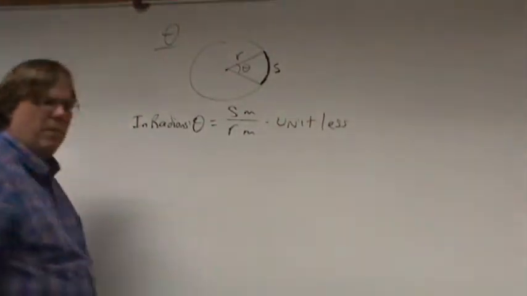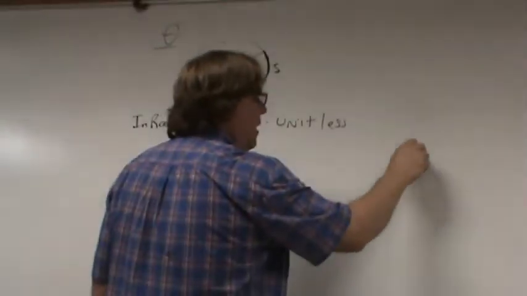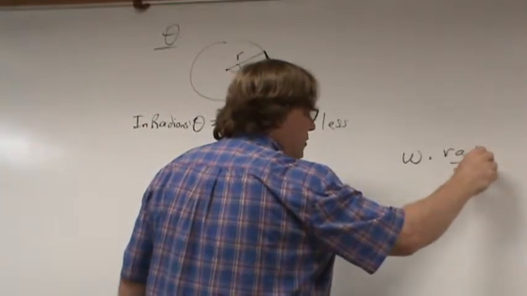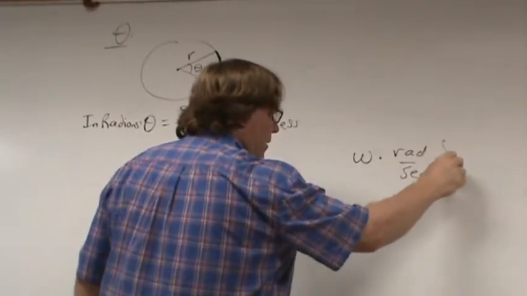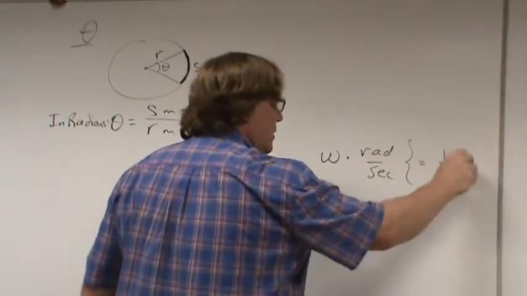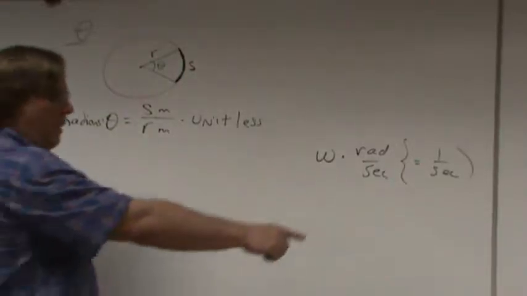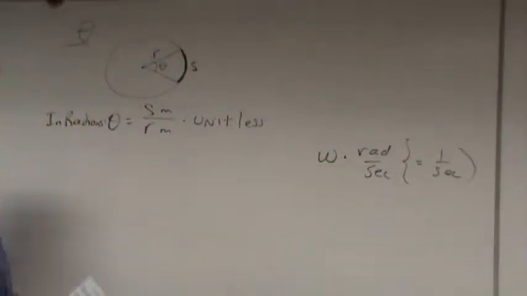So I just want to remind you, theta in radians is a unitless quantity. So when we start dealing with omega, the units of omega are radians per second, actually, the units are 1/seconds because radians is a unitless quantity. But we still use radians because we want to, because it's cool. But I do want to let you know that radians has no units. Great.